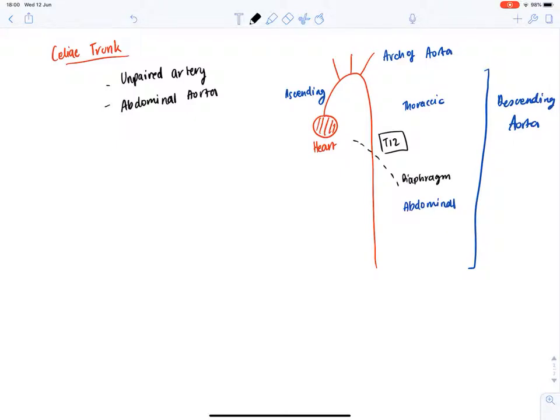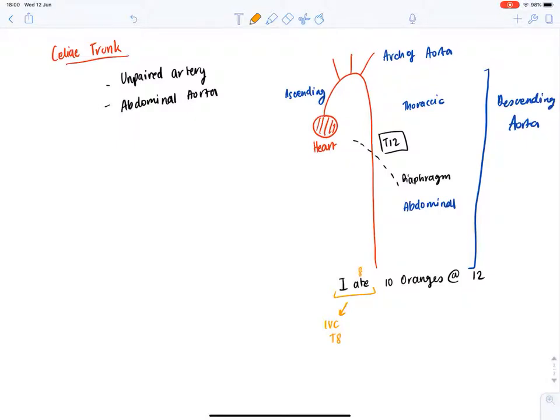One way to remember it is "I ate 10 oranges at 12." The "I 8" is in reference to the IVC, which pierces the diaphragm at T8.